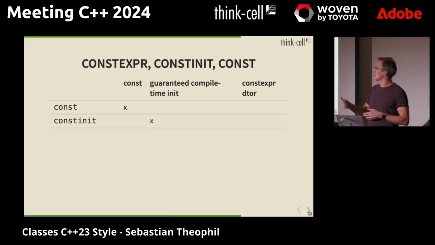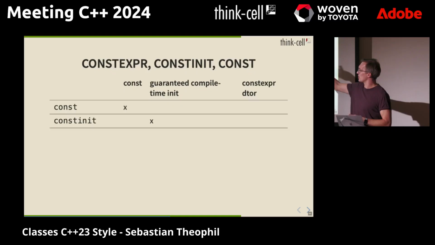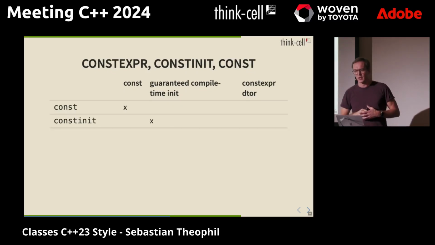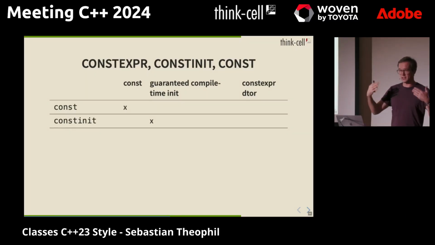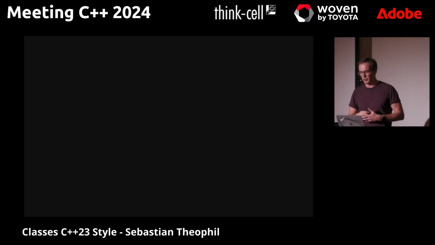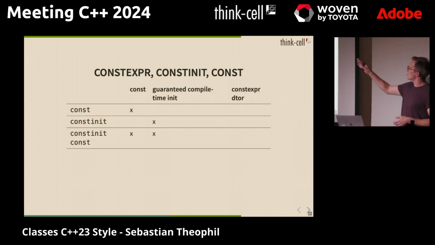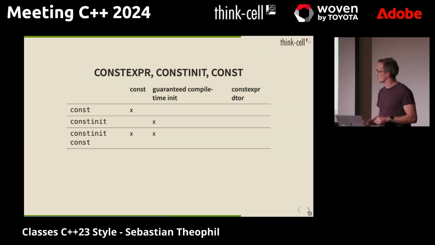Constinit means it is not const, but it is guaranteed to be initialized at compile time. Very good, because that means you don't have that static initialization order fiasco problem. So constinit doesn't mean it's const. Of course we can have constinit const.